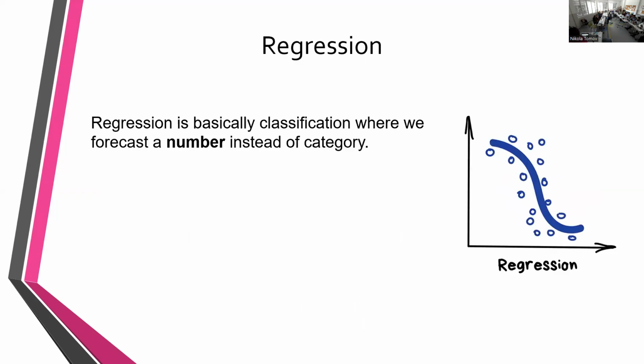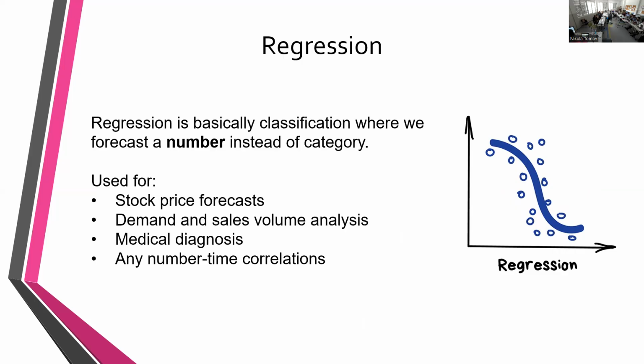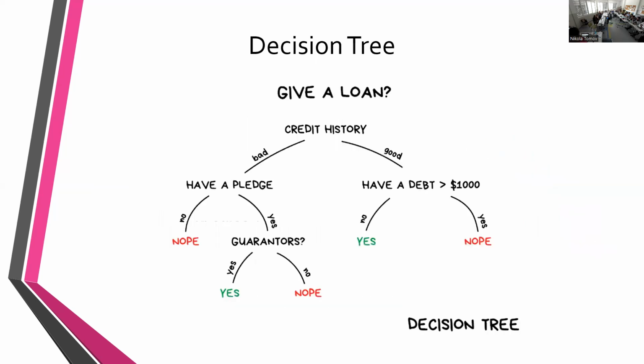Regression is basically classification where we forecast a number instead of a category. It's used for stock price forecasts, medical diagnosis, correlations, and so on and so forth.